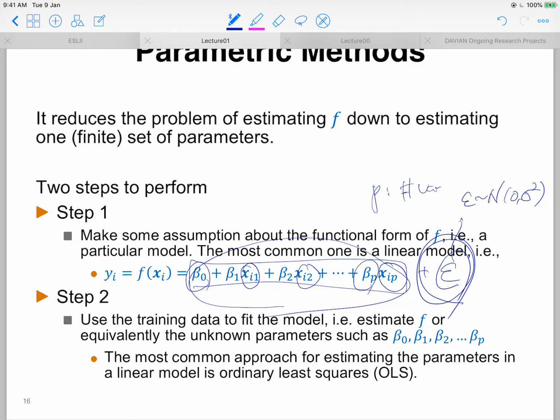Although I'm not going to cover all the details, sometimes if you just run this linear regression using statistics software such as R, given particular data, it gives a bunch of different values, which are also related to some hypothesis testing and so on.